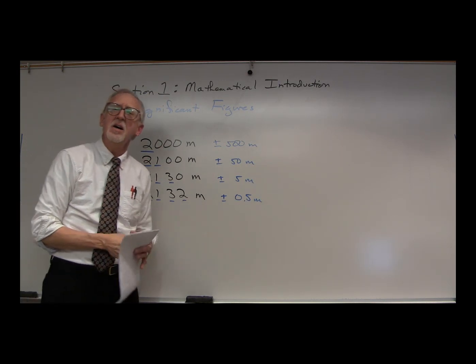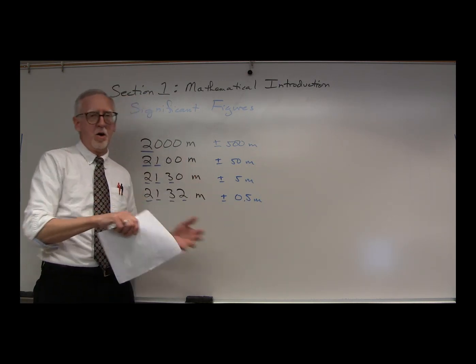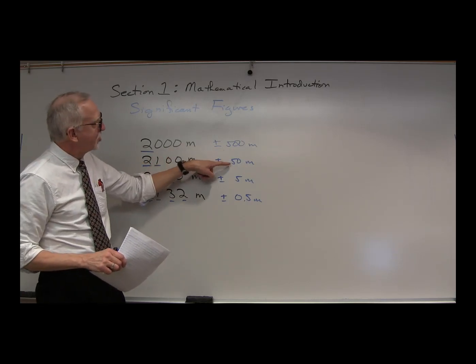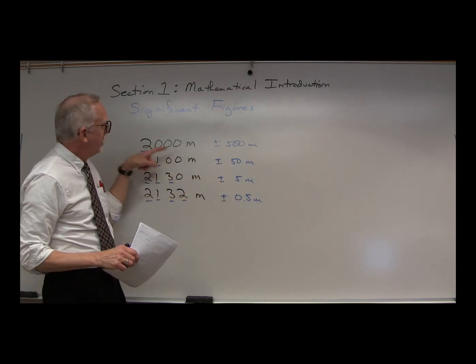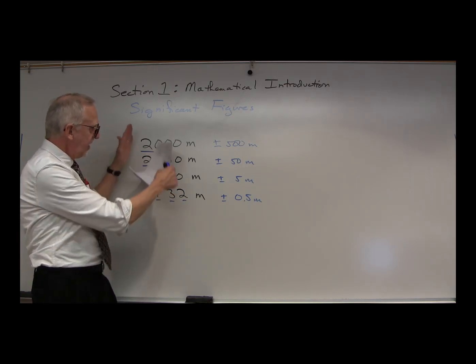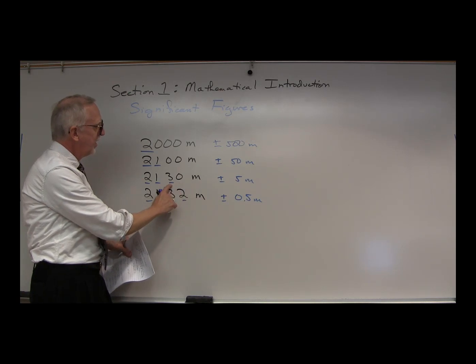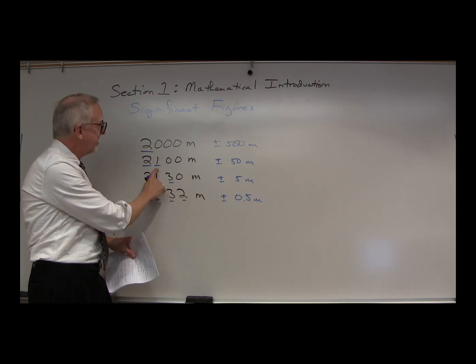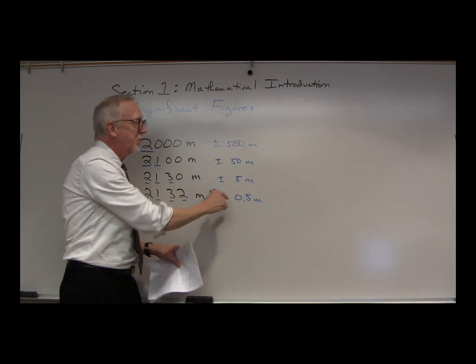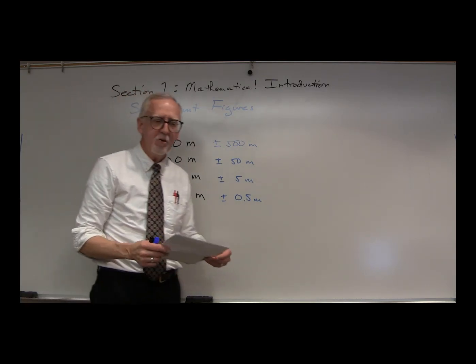Notice that the uncertainty, or the amount that we don't know about the value, gets smaller the greater the number of significant figures in these particular numbers, okay? The smaller the last significant digit is, the greater the precision, or the more precisely we know those values. Okay.